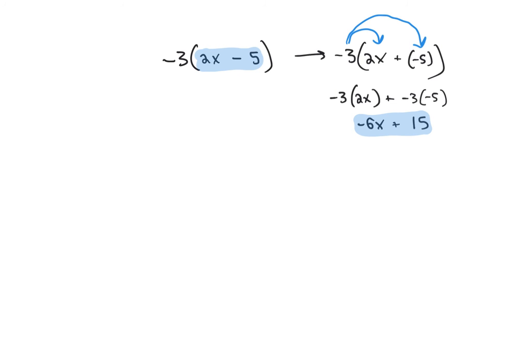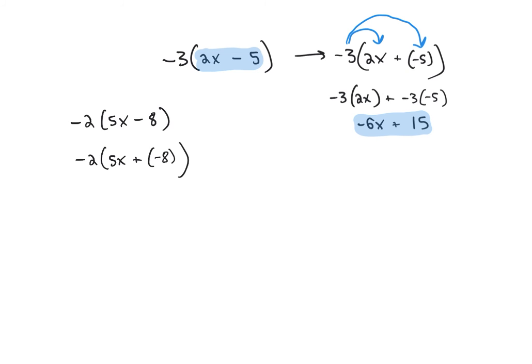Let's say, what about negative 2 times 5x minus, let's do an 8. Why not? So again, I could rewrite this as negative 2 times 5x plus a negative 8.